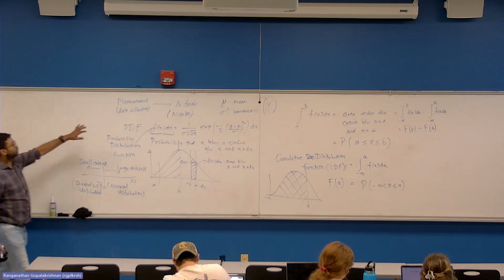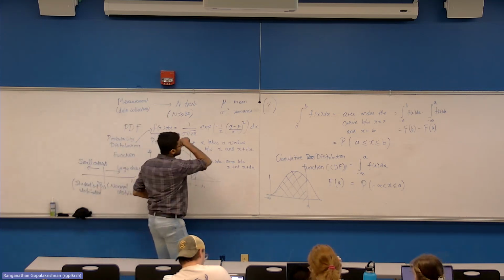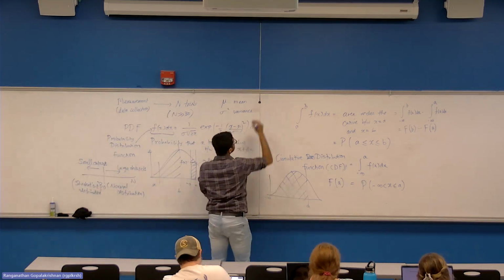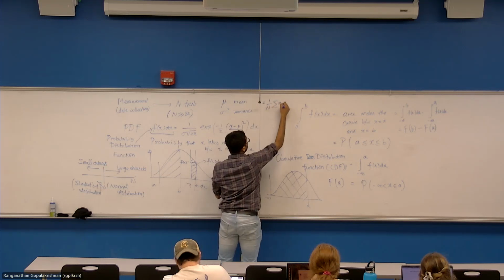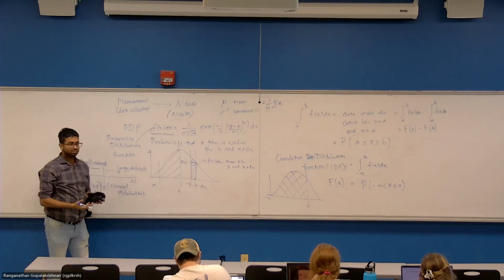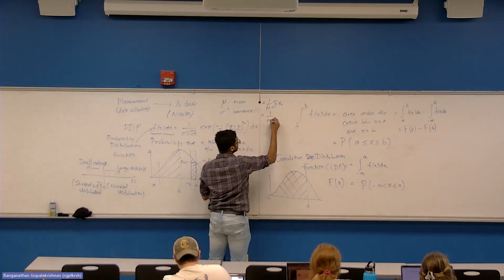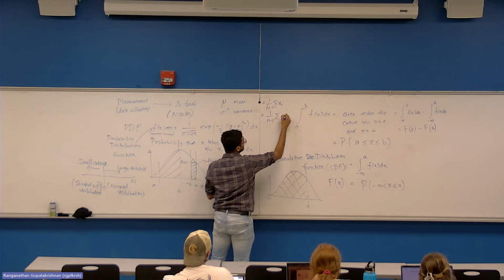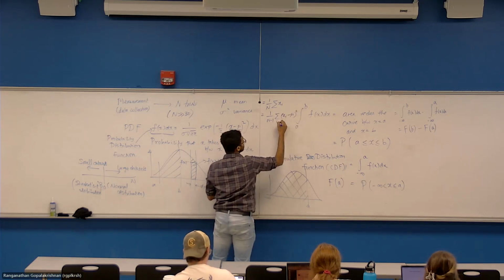So you do n trials, n is like 1,000. From n trials, how will you get the mean? You will do 1 over n sigma xi, that is the mean. And how will you get the variance? You can write 1 over n minus 1 sigma of xi minus mu, whole square.